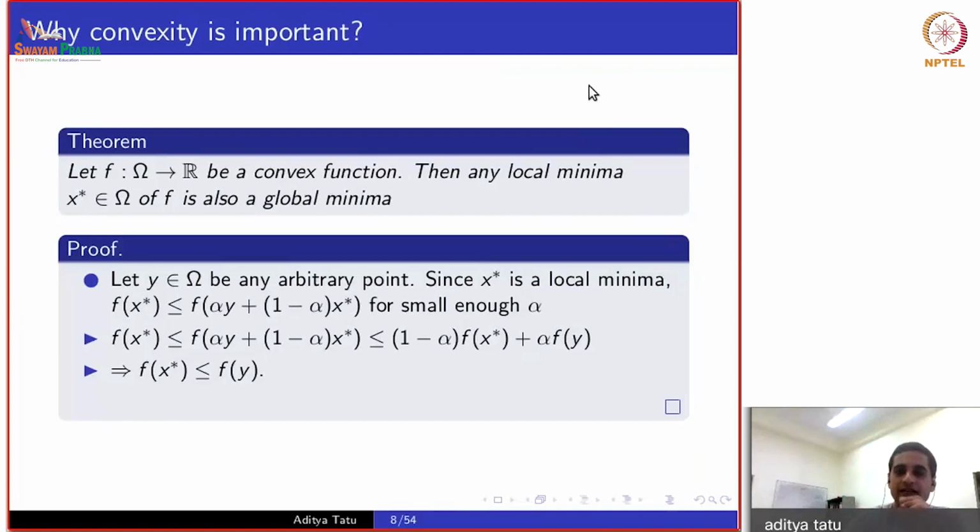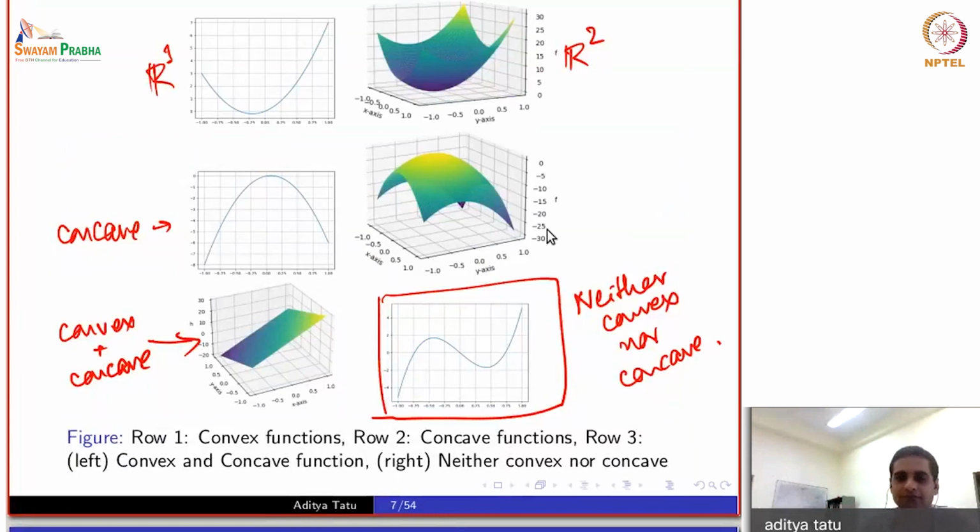Excuse me, sir. I have a doubt. Go ahead. Sir, what about the function f equals x cube? In f equals x cube, the point of the minima is the point of inflection. Why do you call it minima? It goes right up to minus infinity.